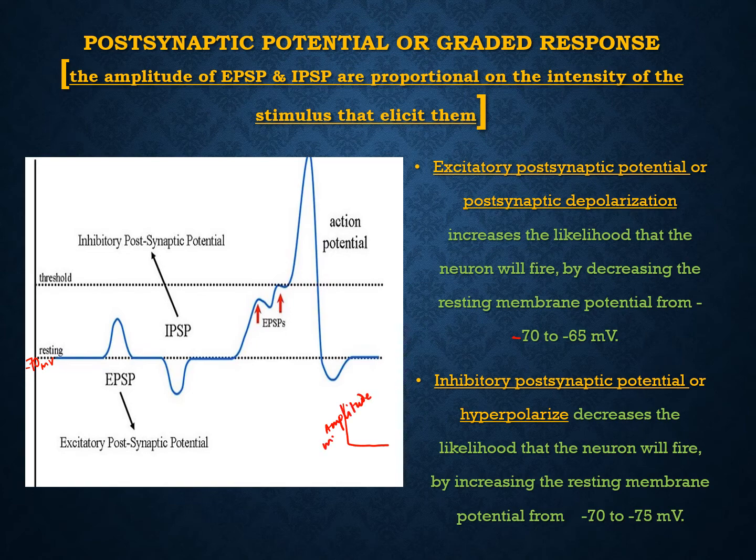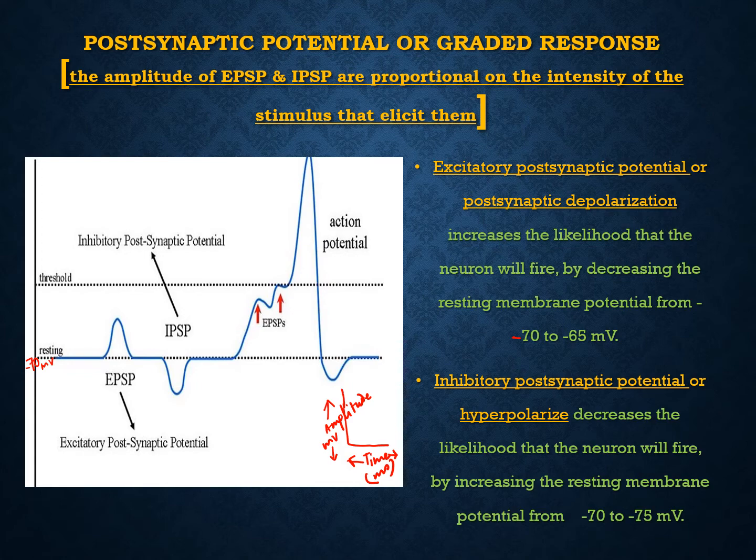Amplitude in terms of millivolt is presented on the y-axis, and on the x-axis, the time in terms of millisecond is presented. Now, the resting membrane potential is minus 70 millivolt.